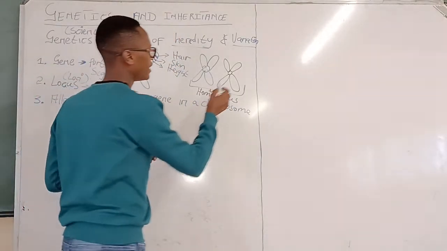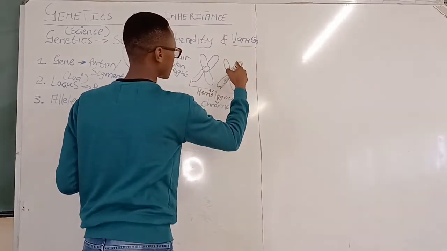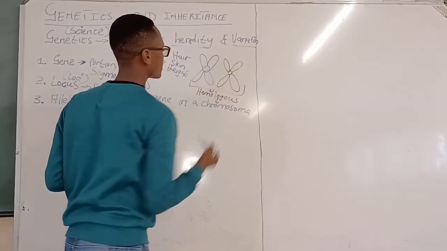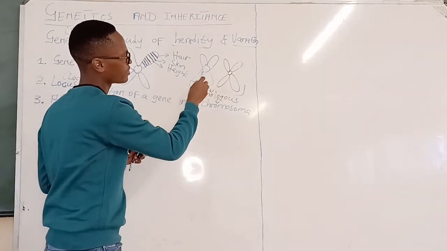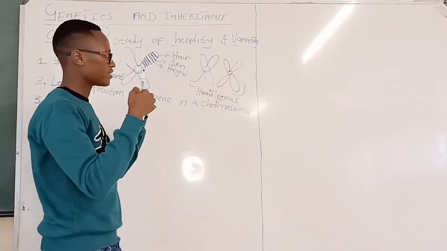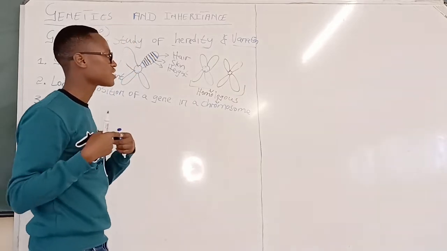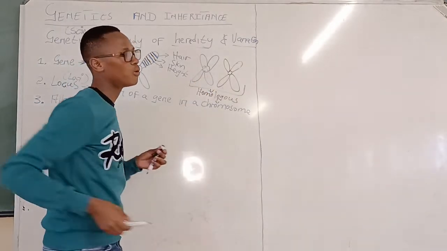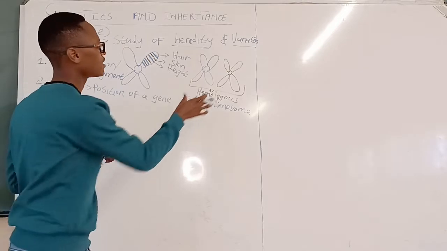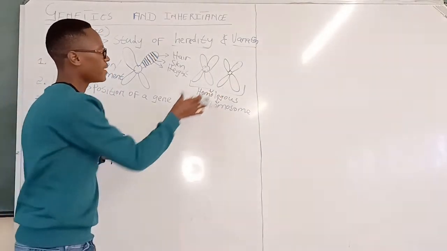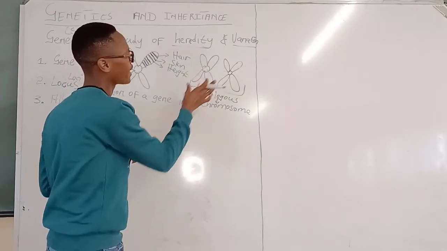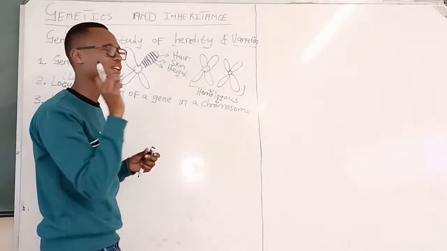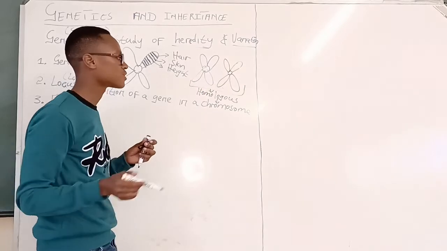Because they are equal in size, they are the same in structure, and their centromere position is in the same position. And then also they code for the same characteristic. Maybe this homologous pair can code for your hair color, your skin color, and your height. Since they code for the same characteristics, we call them homologous chromosomes.